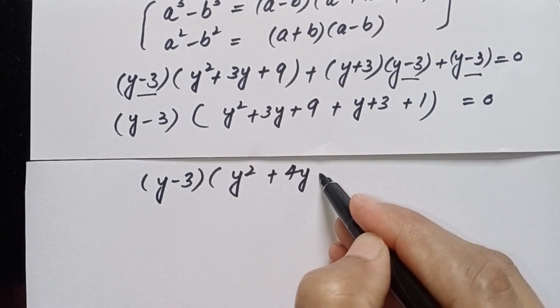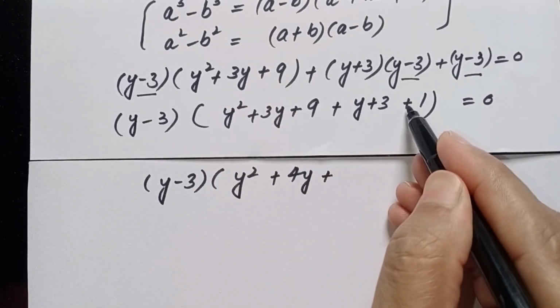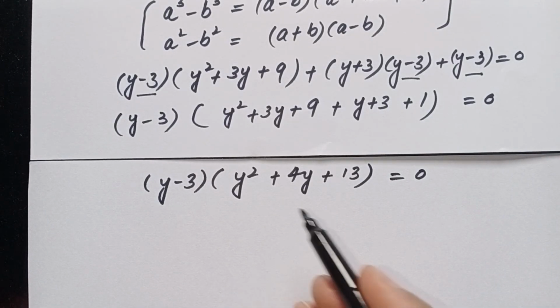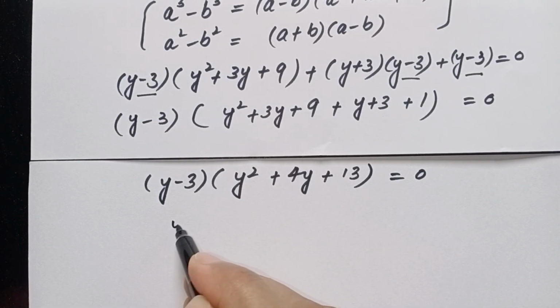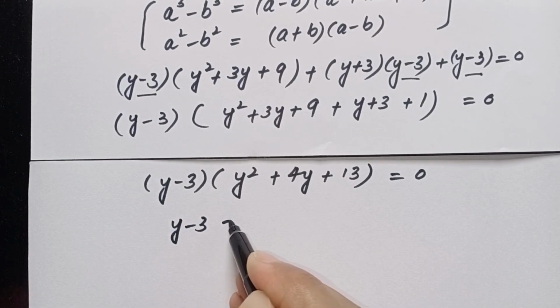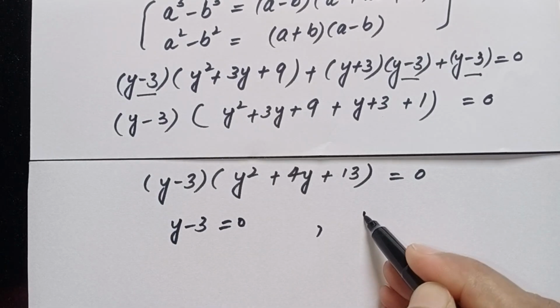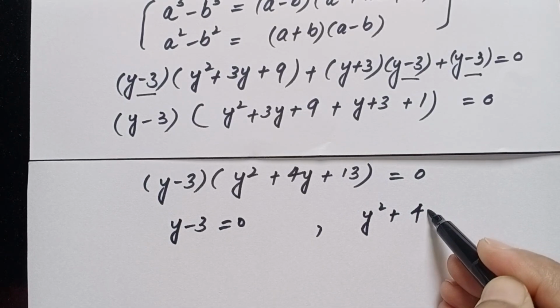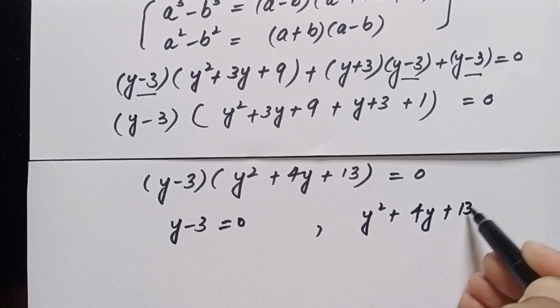It is equal to 0. So from here we can make two equations: y minus 3 is equal to 0, or y square plus 4y plus 13 is equal to 0.